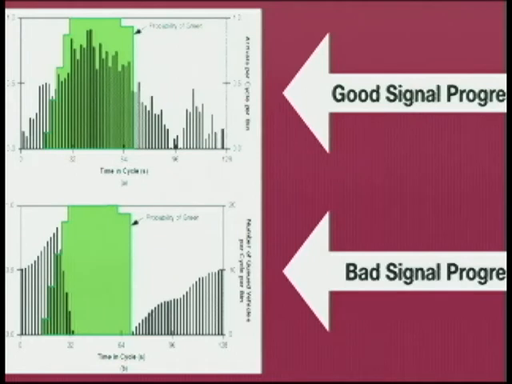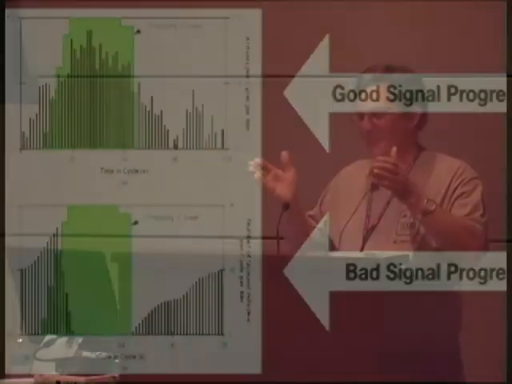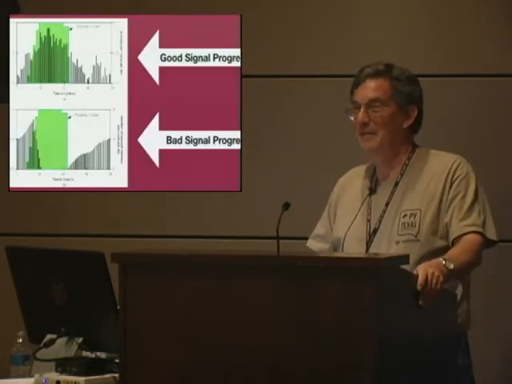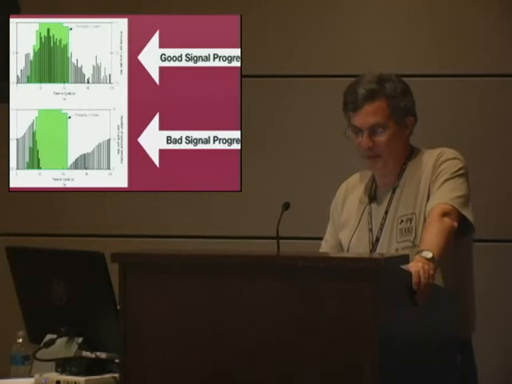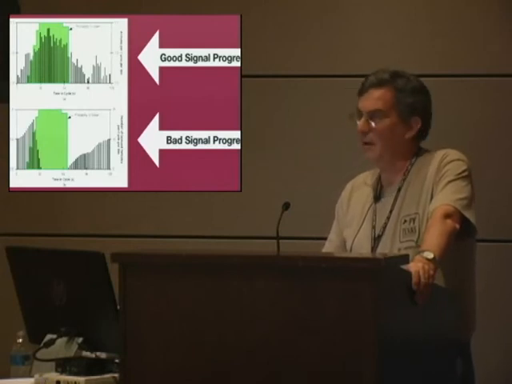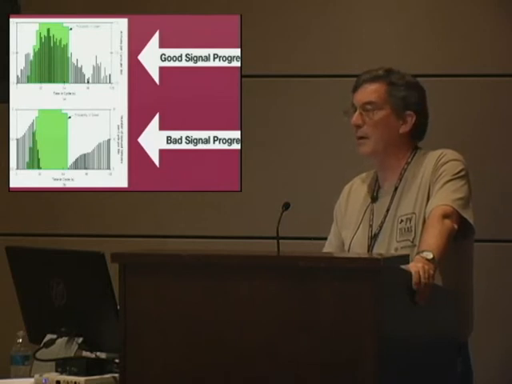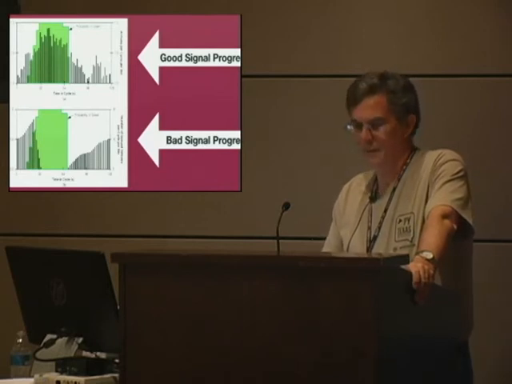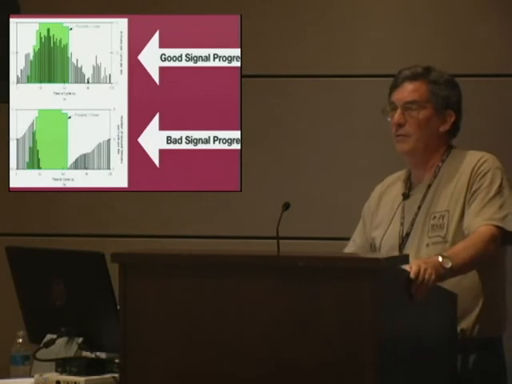And what you want is your lights synchronized to where all your traffic's getting there during the greens. We call that good signal progression rather than during the red. And so these logs have got a lot of potential to really help people in my industry. It's just that nobody's figured out how to use them yet.